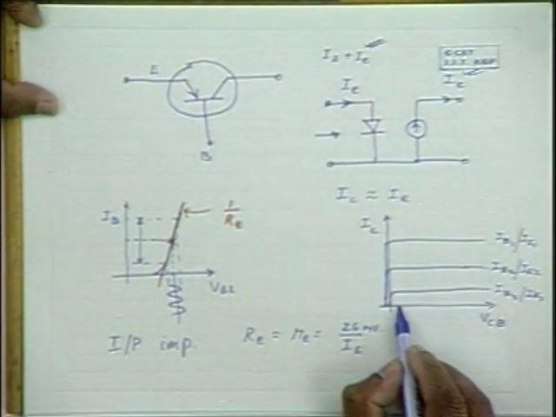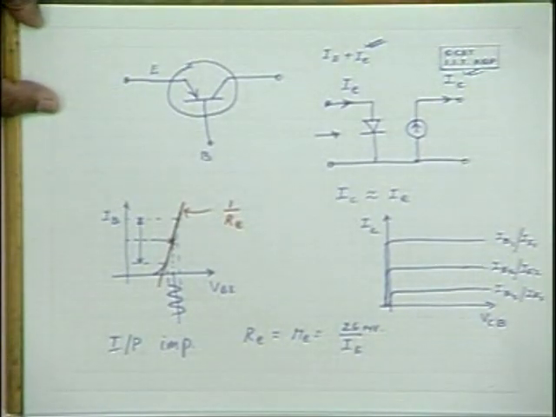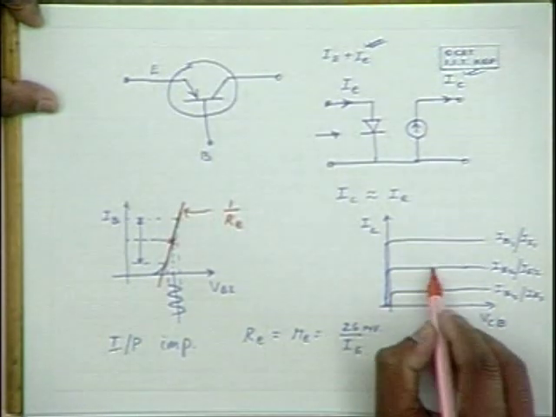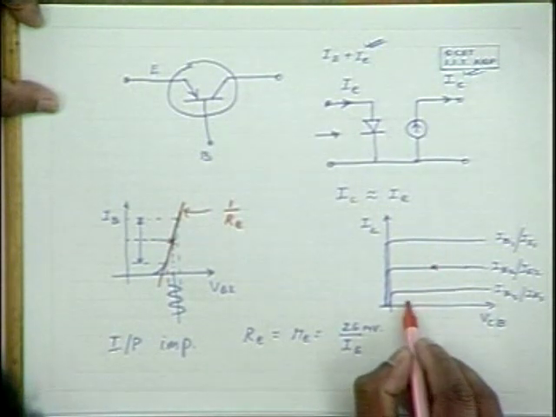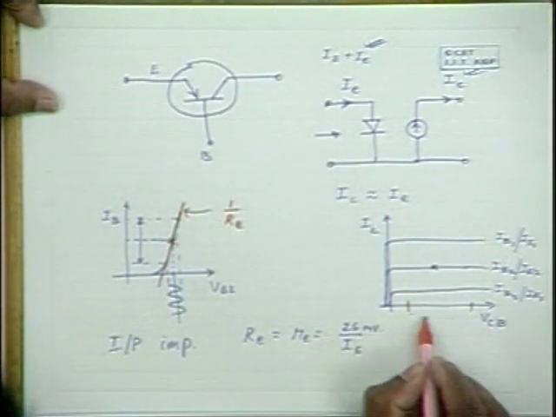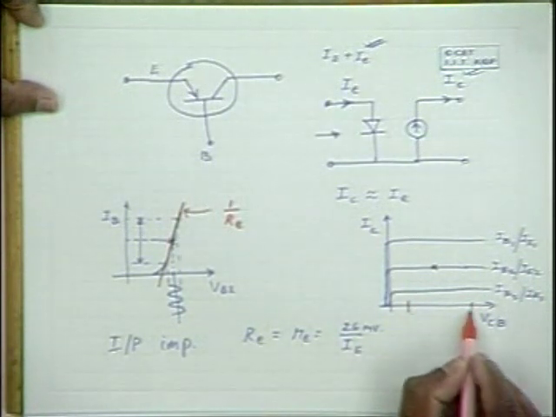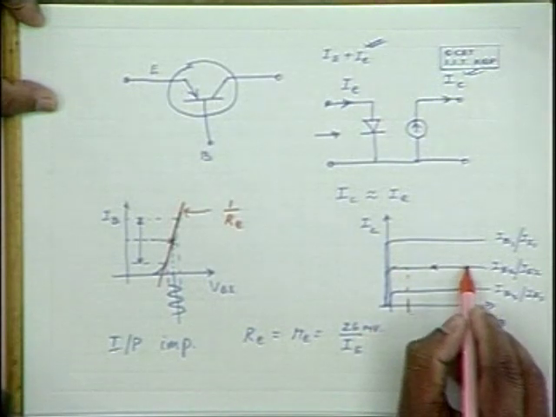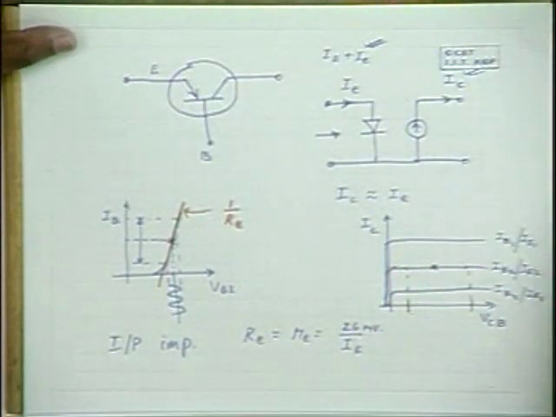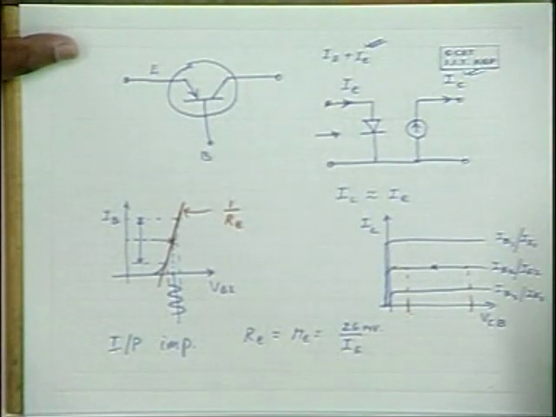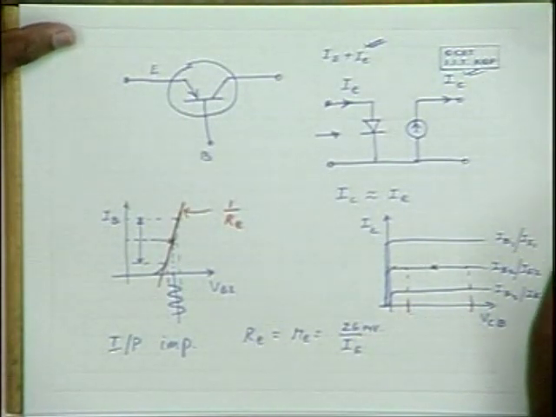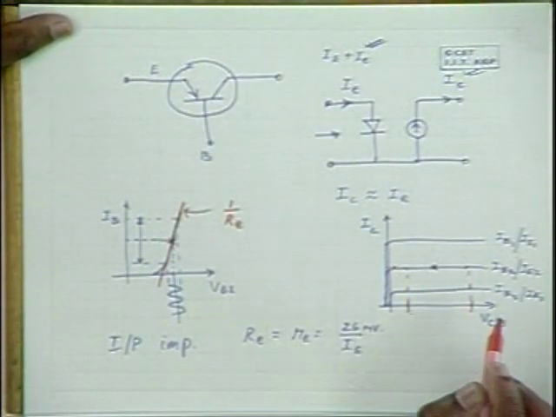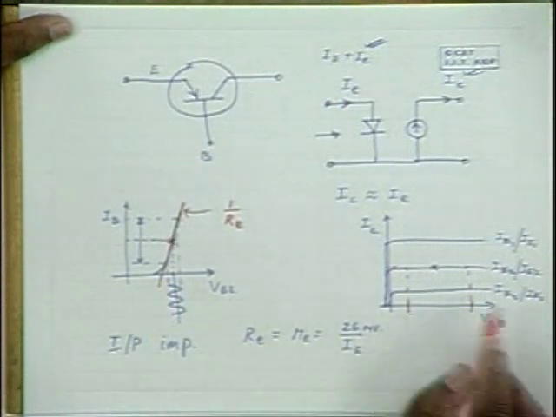Now please note that from these characteristics, with change in output voltage, if this is the Q point, if the output voltage changes, that means the VCB changes from one value to another value, and there is a corresponding current change, then we say that there is some output impedance. Output impedance is not infinite. There is some finite value, because this is what we are interested in.